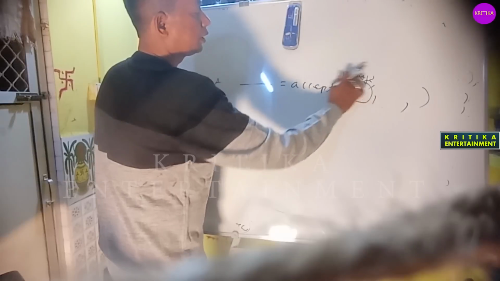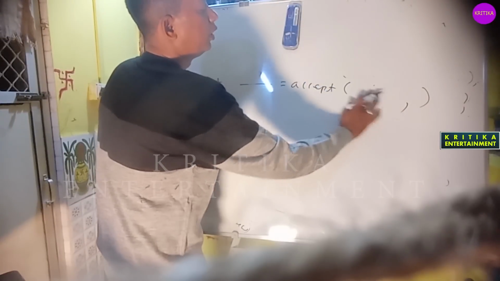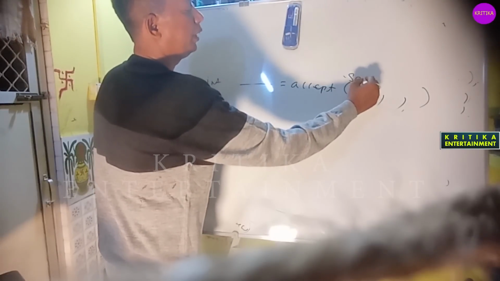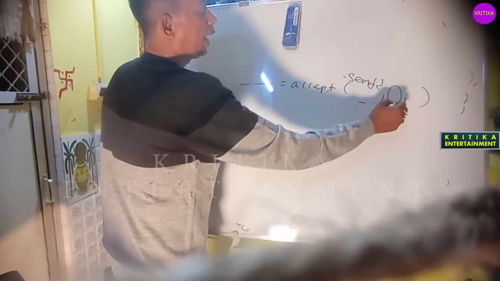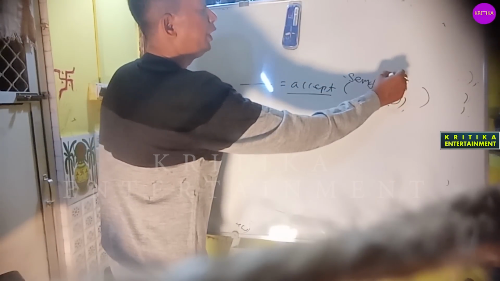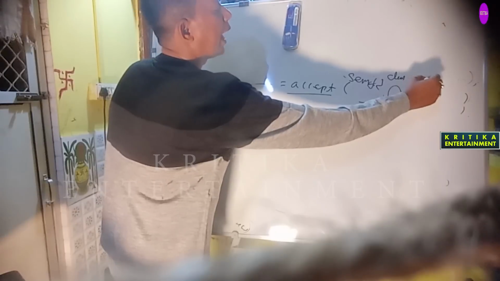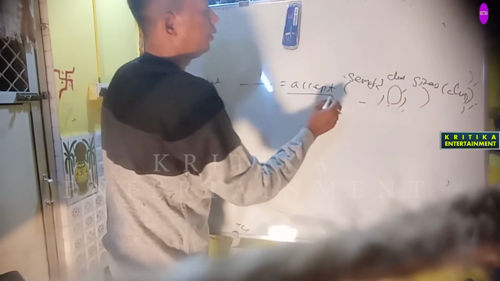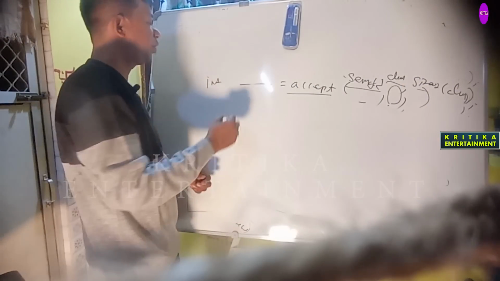Sorry, this is called your server FD. Second is the client, because the accept function will accept the details of the client. So here you will write the client. Then size of client you have to write. Server FD, client, then size of client.